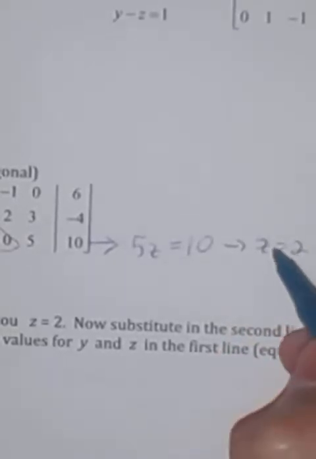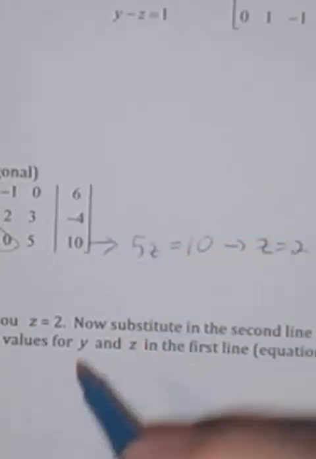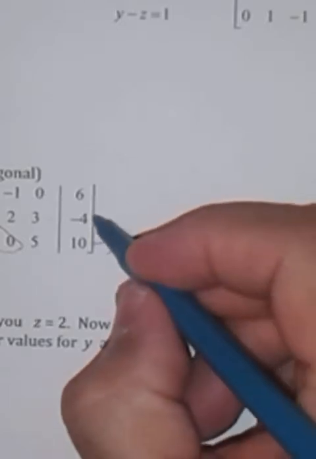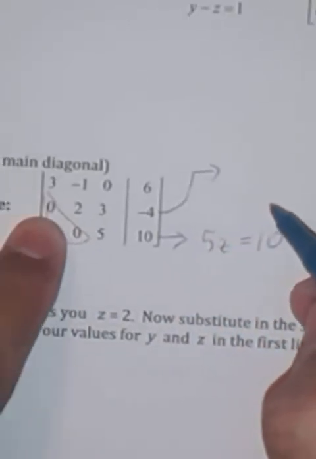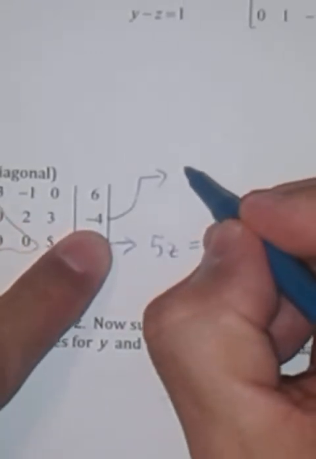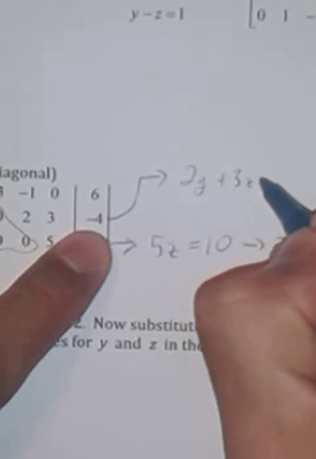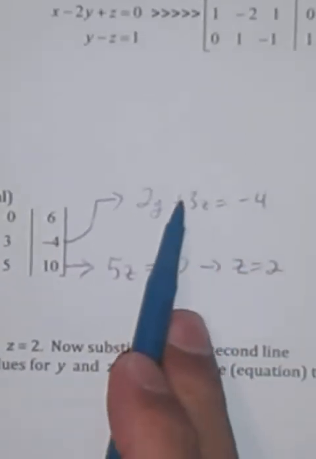What does that do for us? Because we just have one variable. Well, we go up a step and look at here. This says 0x plus 2y plus 3z equals negative 4. So that's just 2y plus 3z equals negative 4. Except we have a value for z, and we can plug it in there.